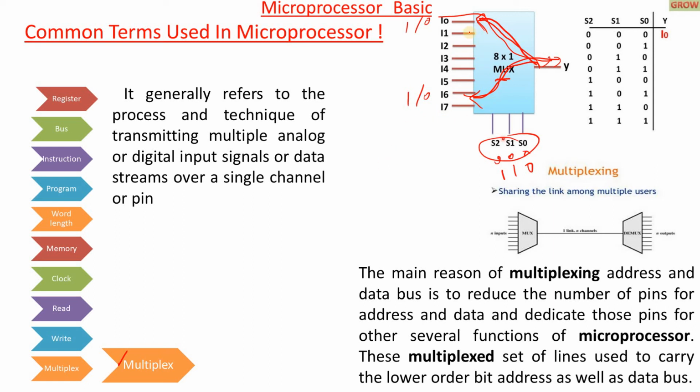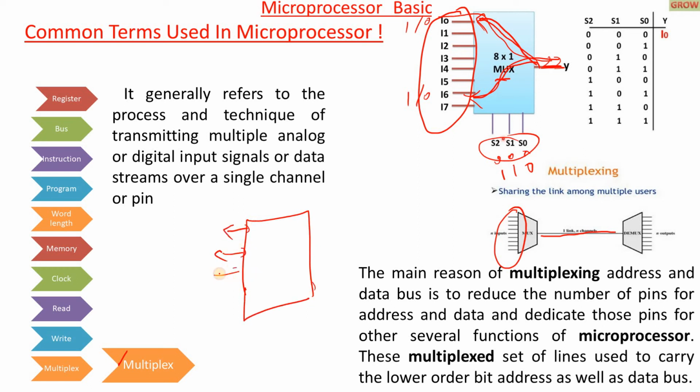Here we identify a number of inputs, but the channel is one. In the multiplexer, we combine many inputs and transfer them into a single channel. Same in the microprocessor case, some pins are there, some on the left side and some on the right side.